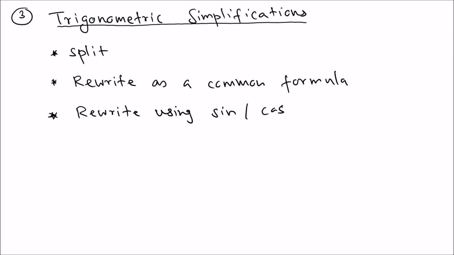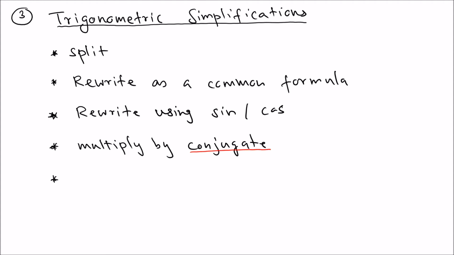Another technique is that we can multiply by conjugates, especially when you see 1 plus sine x, 1 minus cosine x, things like that. So you're going to multiply by conjugates. That's a major technique for trigonometric integrals.